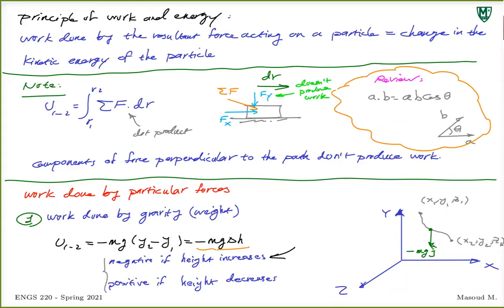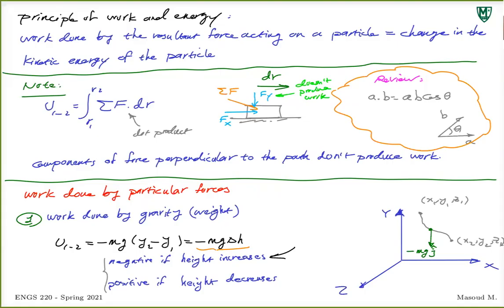I emphasized that it should be negative if the height increases, and positive if the height decreases. The reason I emphasize this is that in the next class we're going to start talking about conservation of energy, and the concepts are the same. We just get rid of non-conservative forces. We'll talk about it in that class.